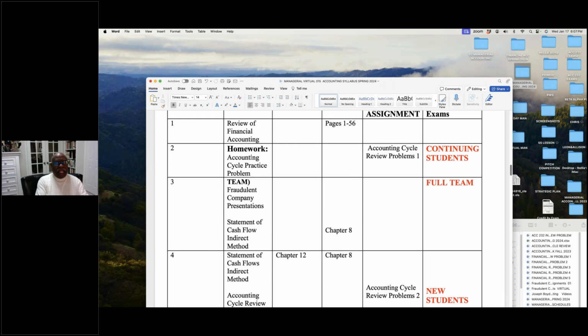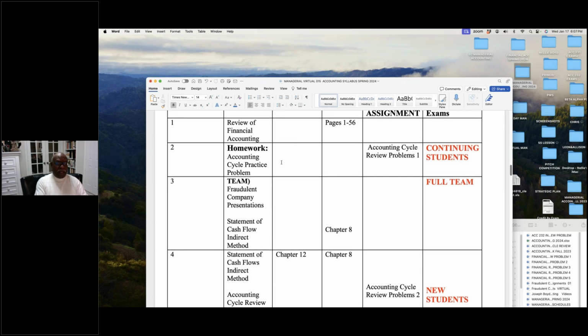Today we'll be looking at the review of financial accounting, and we'll have an in-class problem that we will work on. This is the accounting cycle practice problem, which you should have a copy of.